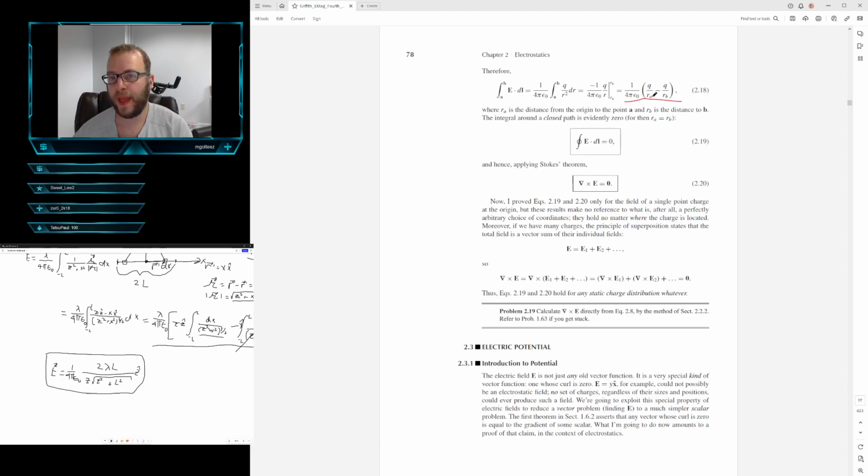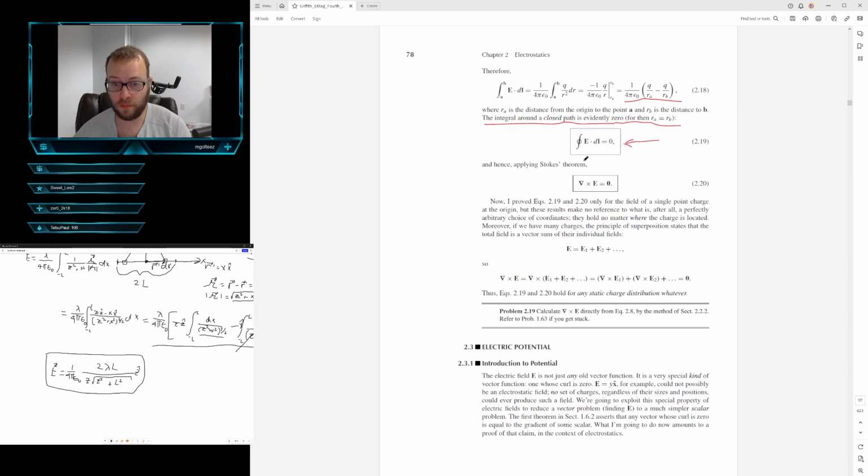But if we had the radius of point A equal to the radius of point B, then we can see that this is 0. So we can see that the integral around a closed path is 0. So the closed line integral of E dot dl is equal to 0.